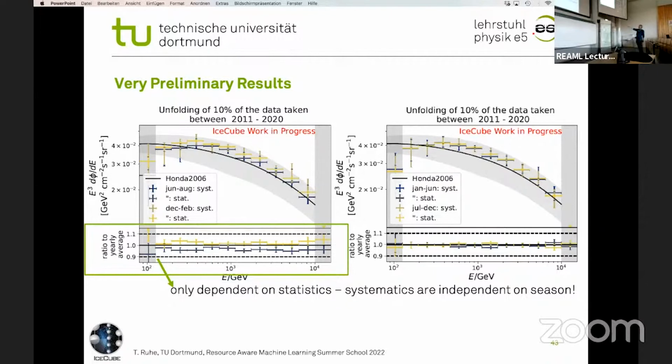For just taking half-year averages like January to June and July to December, this sort of averages out and you see almost a straight line, as you would expect. So this is very promising. This is actually the first application of this algorithm in IceCube, and we hope this to be out very soon.